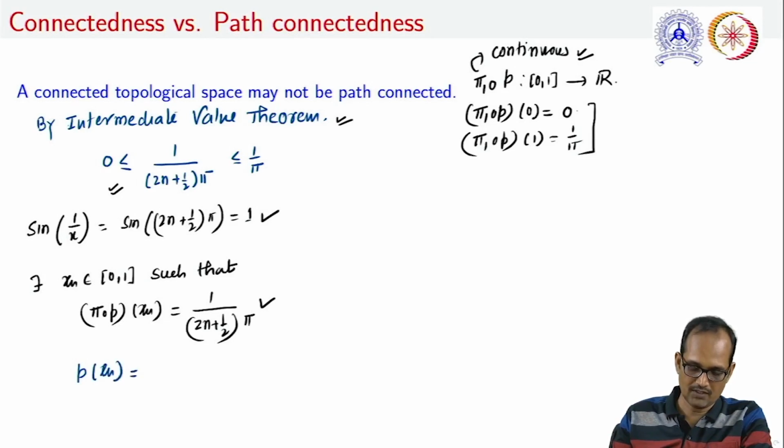It is nothing but (1 upon (2n plus half) π, 1), because sine(1/x) at this point will always be 1.